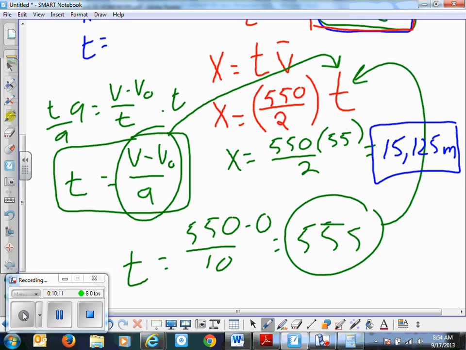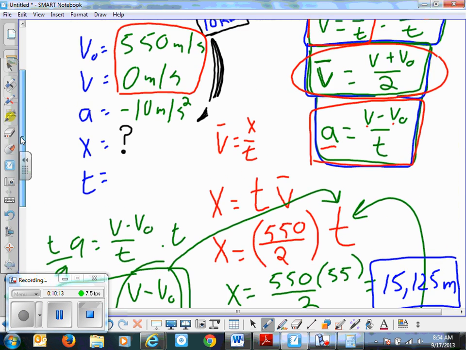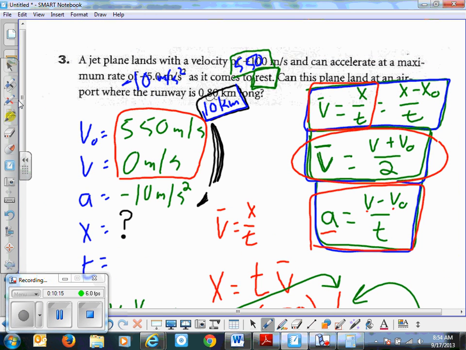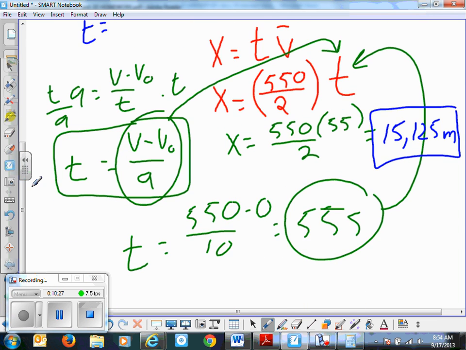Okay, so if I go back to my question, I had 10 kilometers, which this is 15 kilometers. Can the plane land? The answer is no, because it needs a displacement of 15.125 kilometers. I only have 10 kilometers for a runway.